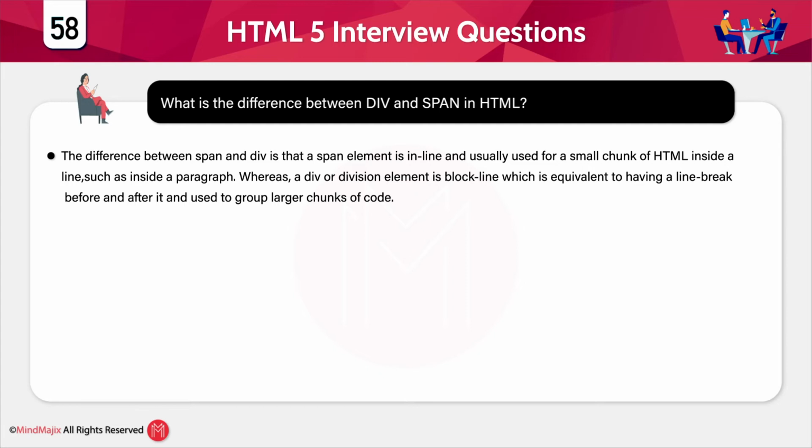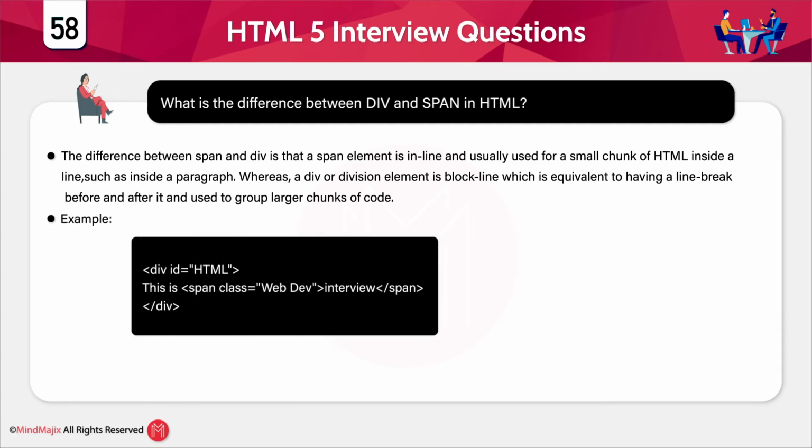Div means division. The division element is block level, which is equivalent to having a line break before and after it, and is used to group large chunks of data. If you want to group large chunks of data, then we use the div tag.